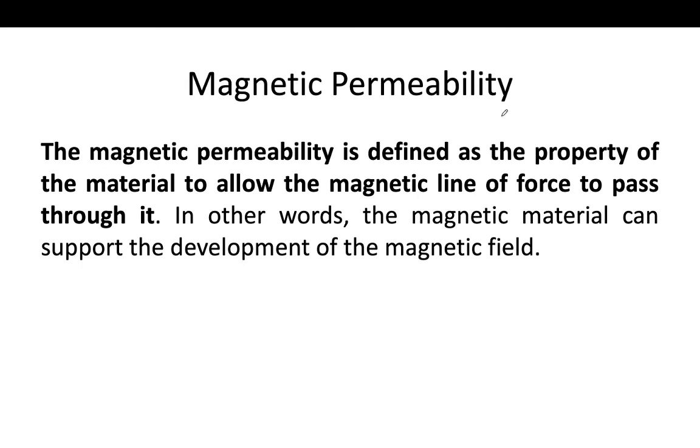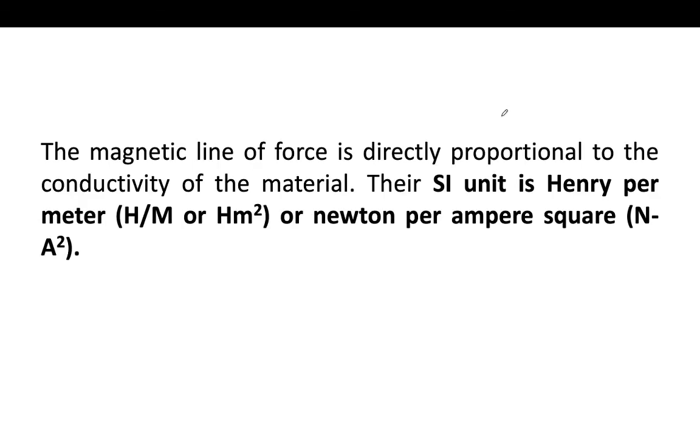Those materials can support the development of magnetic fields, because permittivity is the property of the material to allow the magnetic lines of force to pass through it. The magnetic lines of force are directly proportional to the conductivity of the material. Their SI unit can be Henry per meter or Newton per ampere squared.